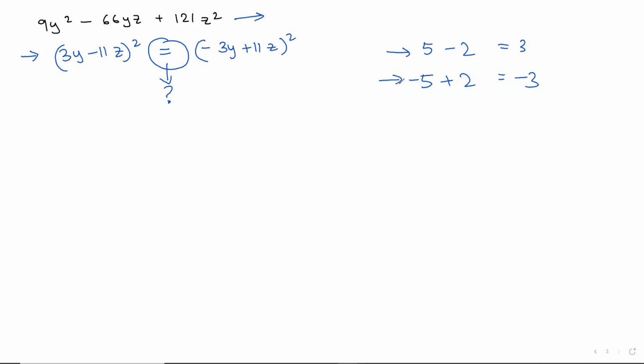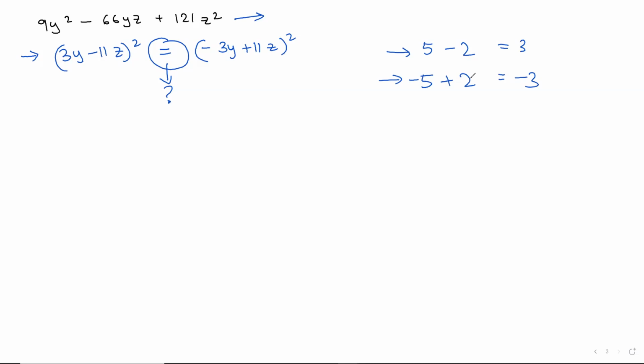First of all, do you guys agree that 5 minus 2 and minus 5 plus 2 are both different? Yes or no? It's okay even if you're not sure. Just say something.